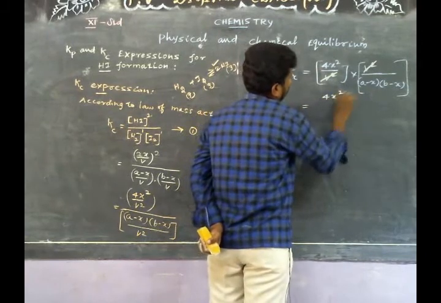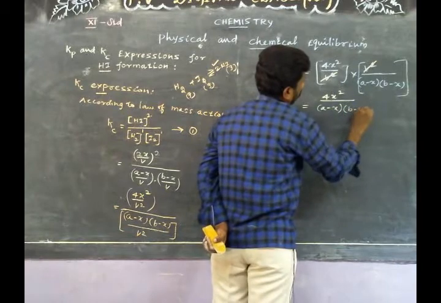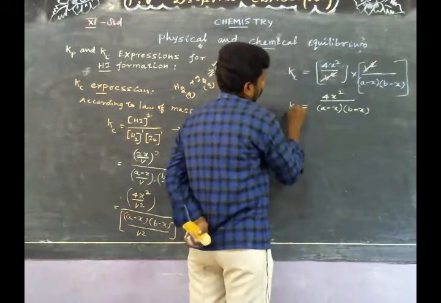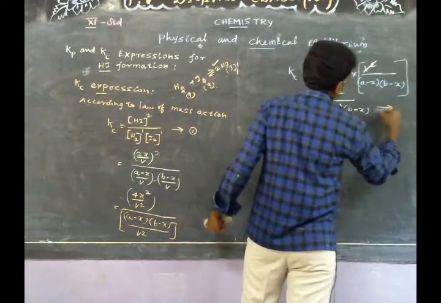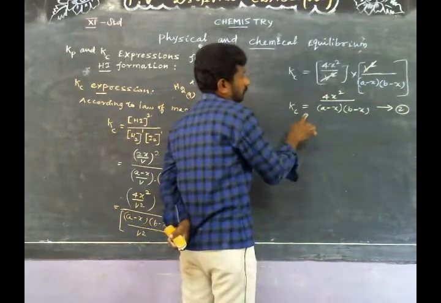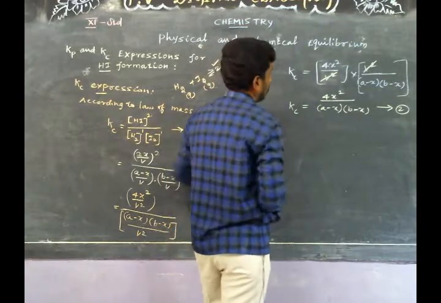Four x square divided by A minus x into B minus x. This is equation number 2. Kc is equal to 4x square divided by A minus x into B minus x.